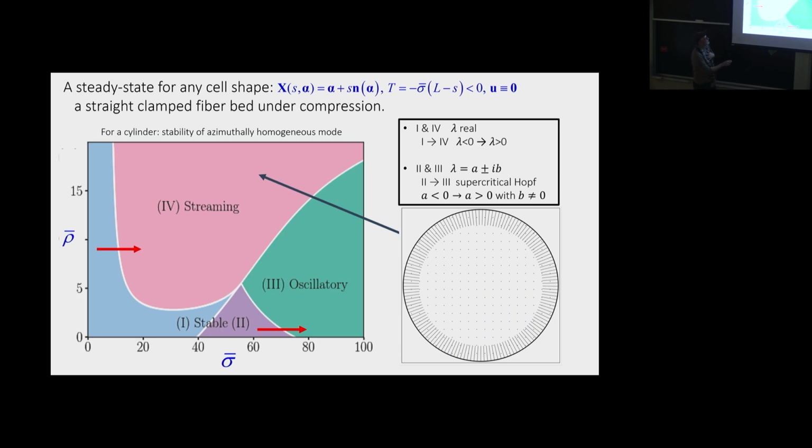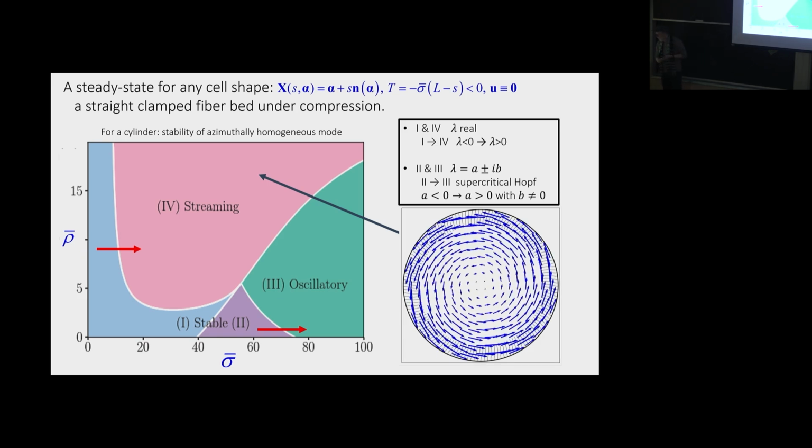And there's the stability diagram, and I'm going to show you a movie from this PDE model in what's called the streaming domain. So this is as a function of dimensionless motor strength, and dimensionless areal density of microtubules. There is a region that's called streaming, which you only access by having enough microtubules where everybody bends over as one collectively and does this. Boom.